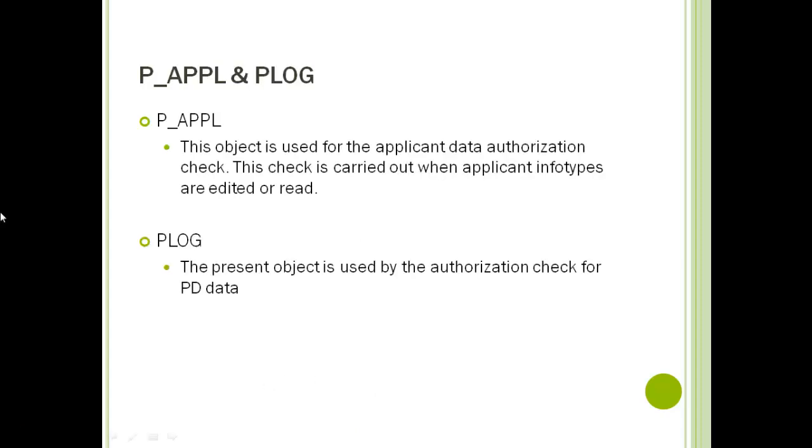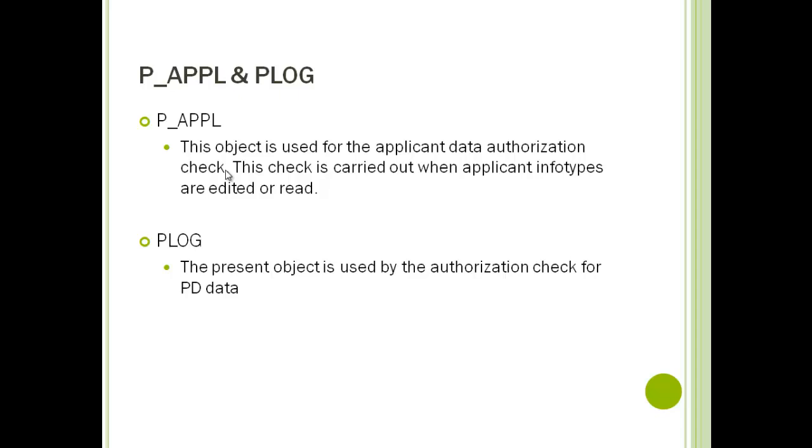The next authorization object is P_APPL. This authorization object deals with maintaining and displaying PA info types for application data that is related to recruitment.